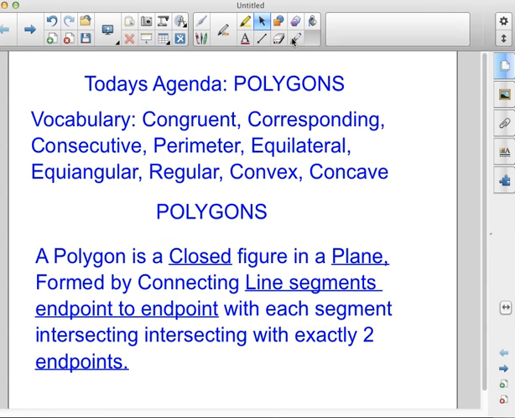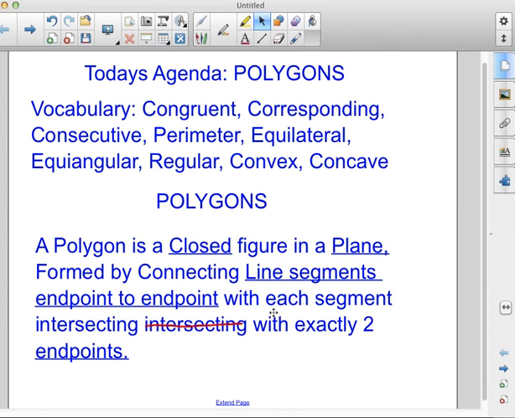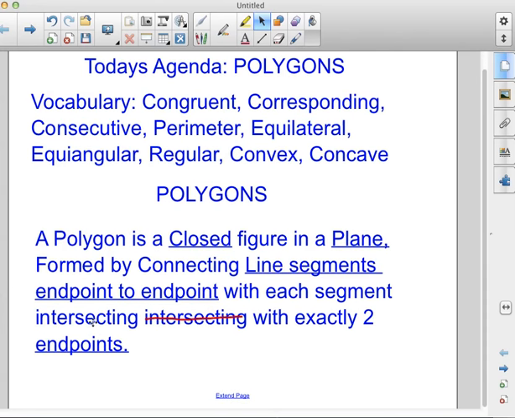I'm sorry guys, this is a typo. This word should not be there. It's repeating twice. So a polygon is a closed figure in a plane formed by connecting line segments endpoint to endpoint, with each segment intersecting with exactly two endpoints.